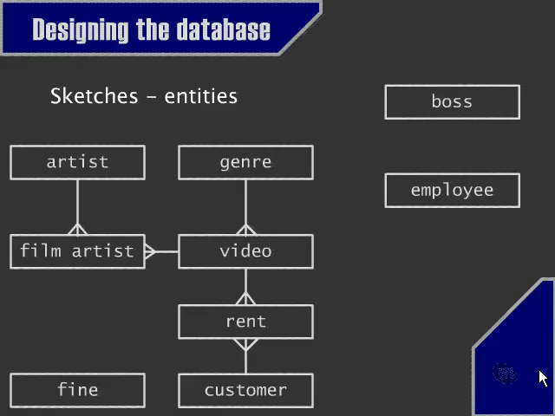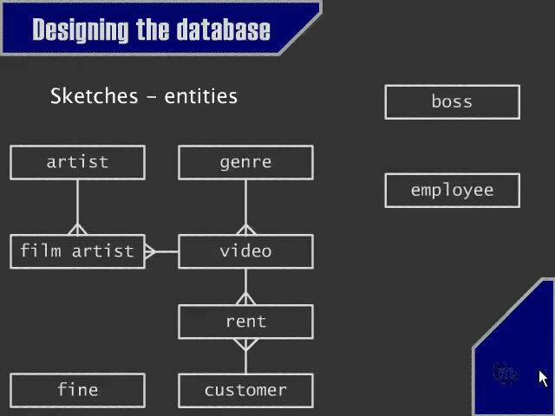So now we have the video having several rents to the customer. So perhaps we could include a column within the video table that would say something like 5 copies. And then each time a customer rented a video, a tally would be held somewhere, perhaps in another field in the video table, that could register the fact that, say, 3 of the 5 copies are out.